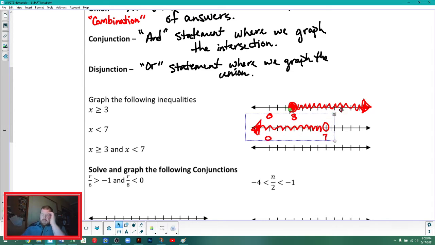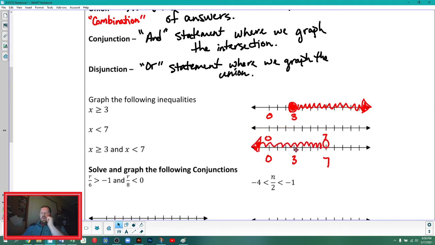Okay, so I've got these two solutions, and we're going to work the same way here. When I want to graph the and statement, 1, 2, 3, I need both numbers that are important, 4, 5, 6, 7, and as scratch work, I think about doing each one individually.